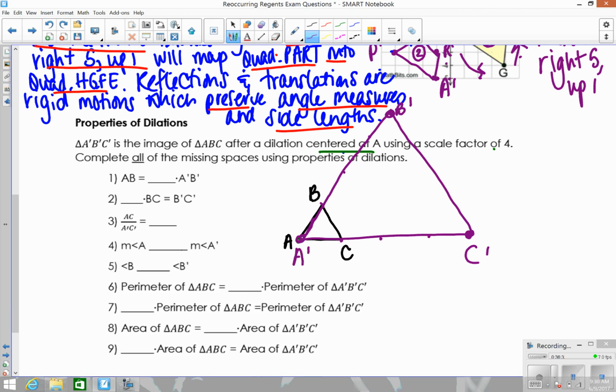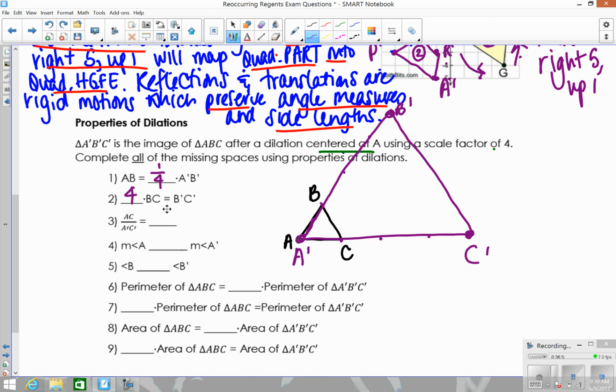So to figure out the blanks here, if I compare AB to A prime, B prime, it's going to be 1/4 the size, because that's smaller. BC times 4 would get me the large B prime, C prime.